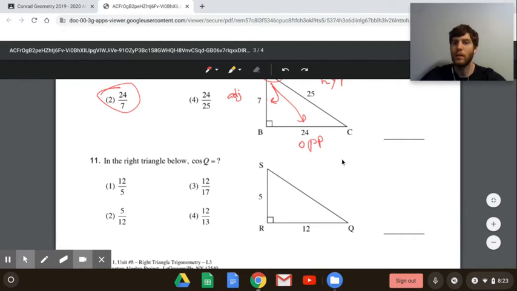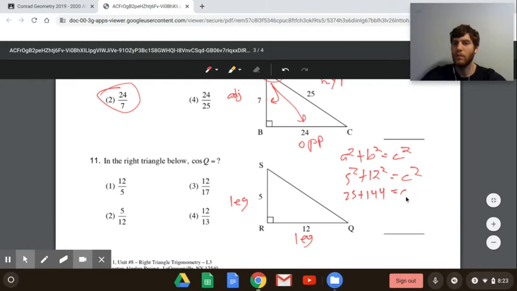We know the Pythagorean theorem, right? A squared plus B squared equals C squared, right? The 2 legs are going to be 5 and 12, so we can say 5 squared plus 12 squared equals C squared. 5 squared is 25. 12 squared is 144.